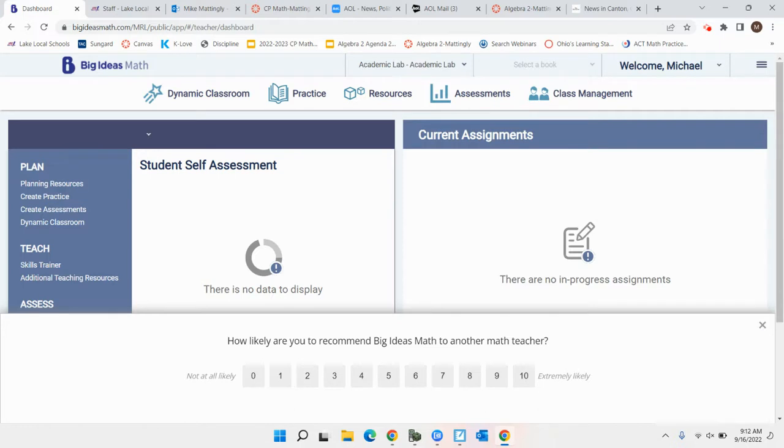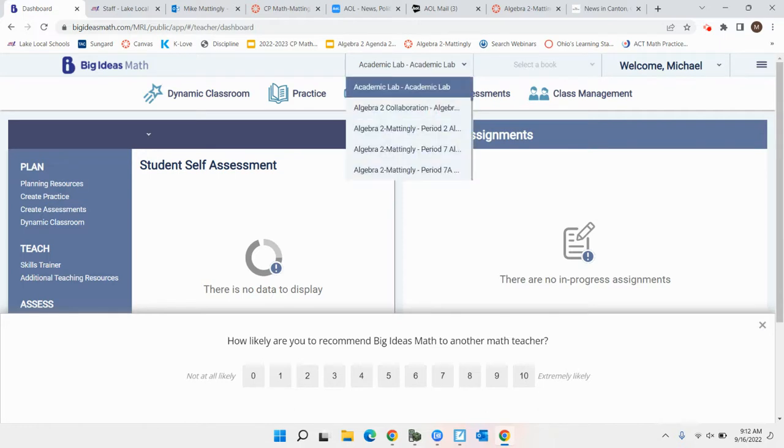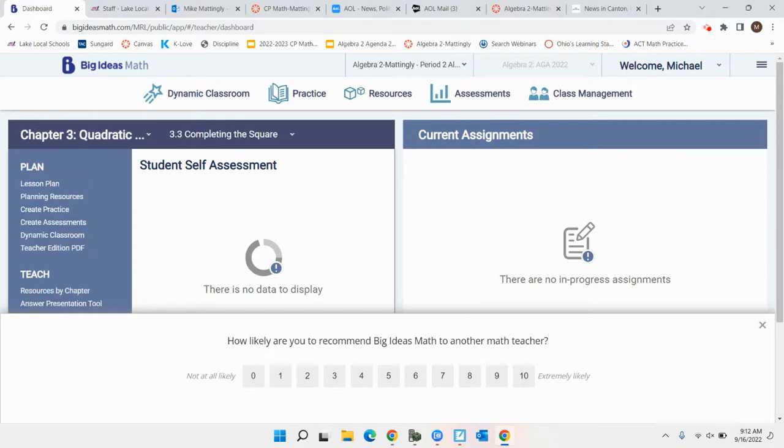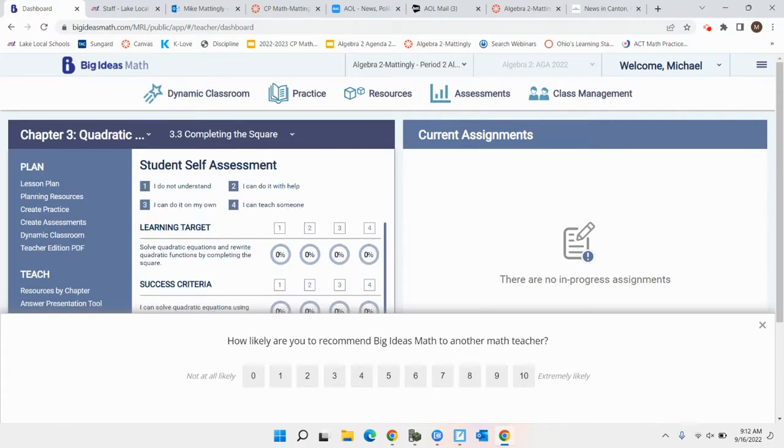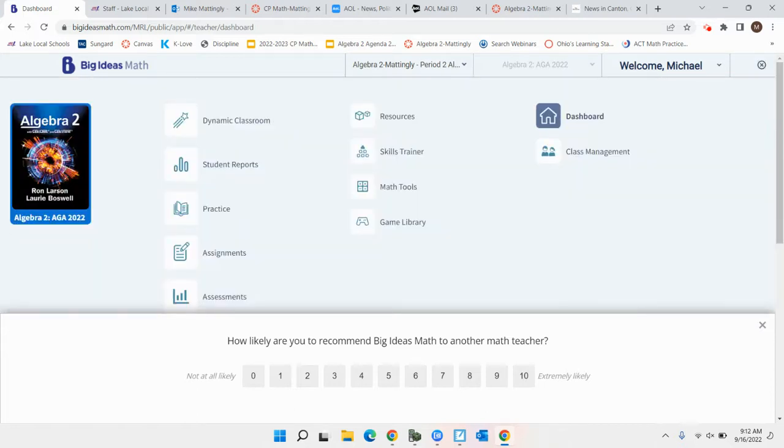Select the book. This is period 2. No. I don't even know how to get to my book. Oh, there we go.